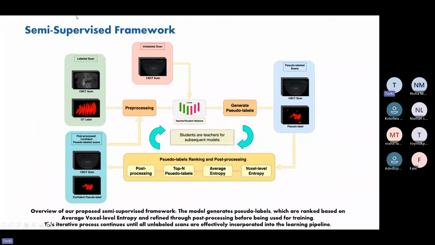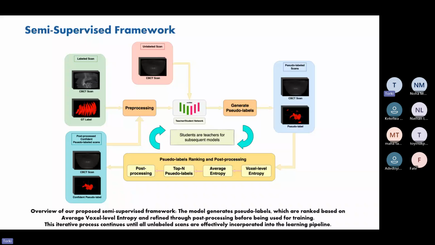What about a semi-supervised framework? This is another work that was done by some researchers in Knight's Lab at Alexandria University. The work was done on a dataset called CTooth. The CTooth dataset has just 24 labeled scans only, and the dataset itself has 300 volumes.